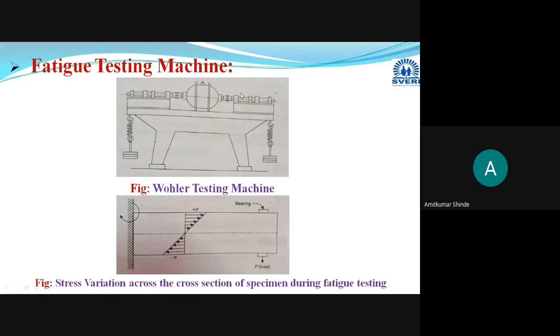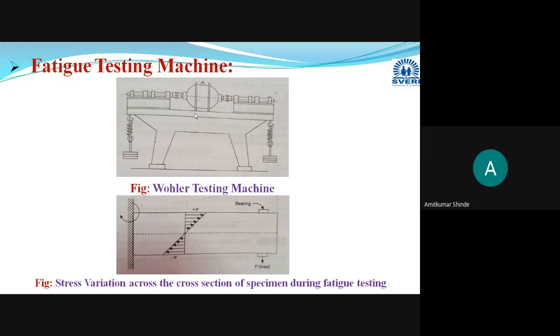The specimen will be fixed from one end and load will be applied from the other end, and from the fixed end we are going to rotate that component, and while rotating we are also going to count the rotations. That will be termed as the number of rotating cycles or number of rotations.